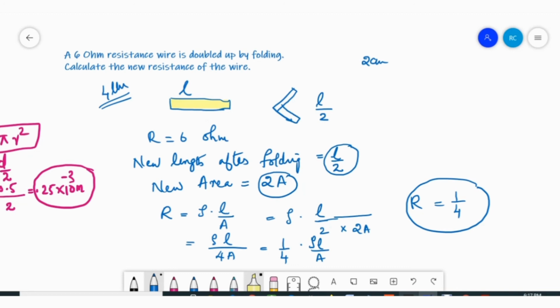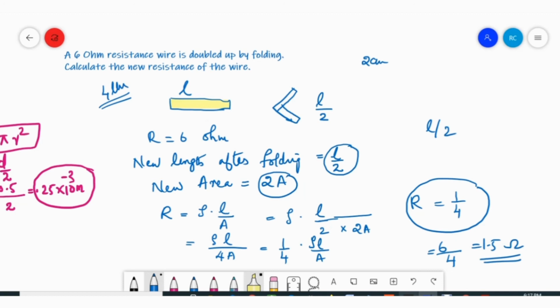So the previous length is L and you have folded the length, then it will become L by 2. Therefore the resistance becomes 1 by 4 of its value. So the previous resistance value is 6 ohm. Now it is changed to 1 by 4th of the previous value. So it means 6 by 4. So 6 by 4 means 1.5 ohm.